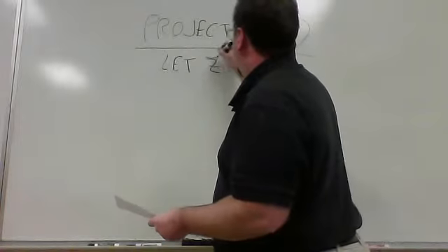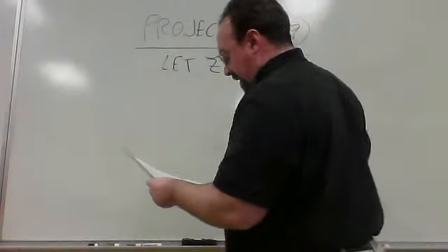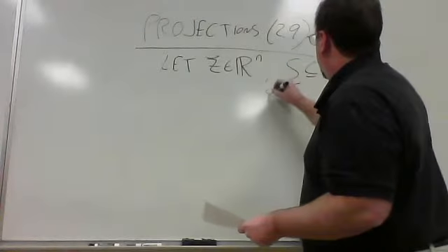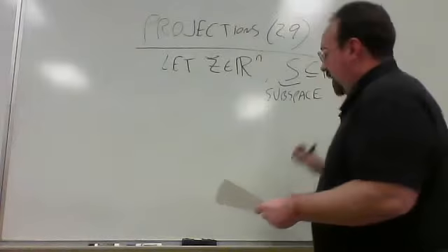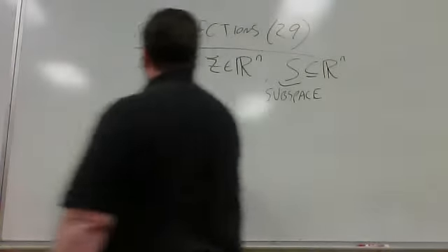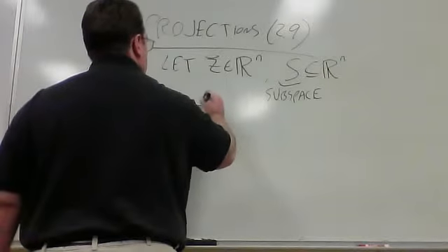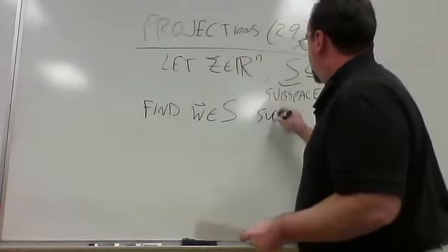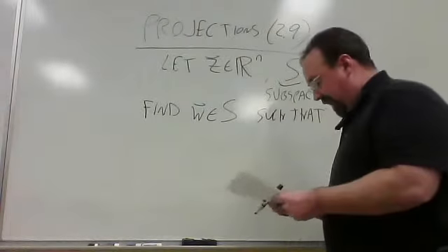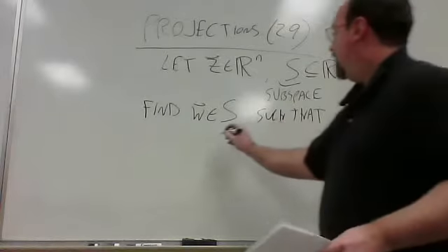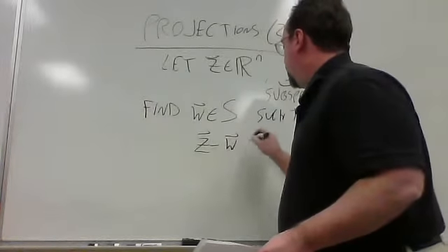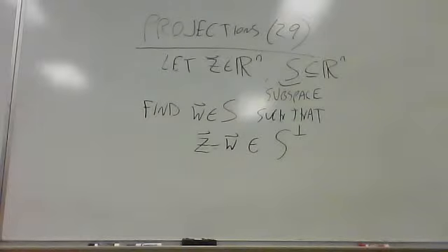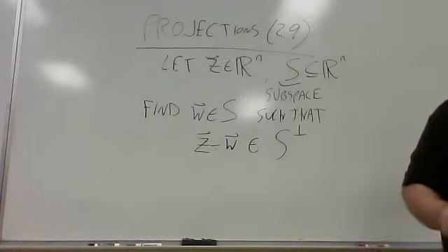Let's suppose we have a vector z in Rn, and you have a subspace S of Rn, and what we want is to find a vector W that belongs to this subspace such that the difference between Z and W belongs to the orthogonal complement of S. In other words, this difference does not have any component that belongs to S itself.